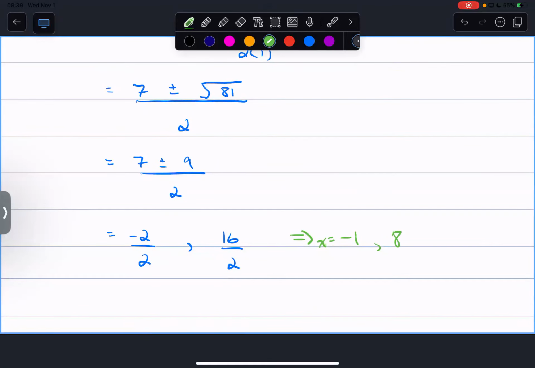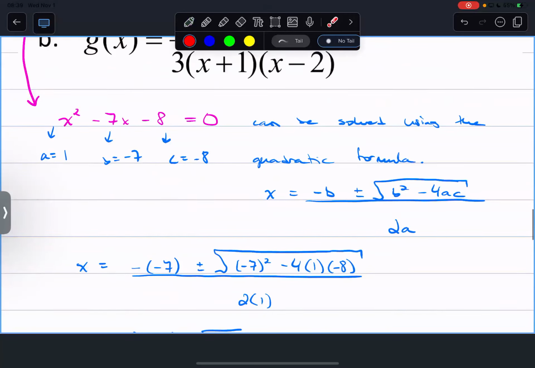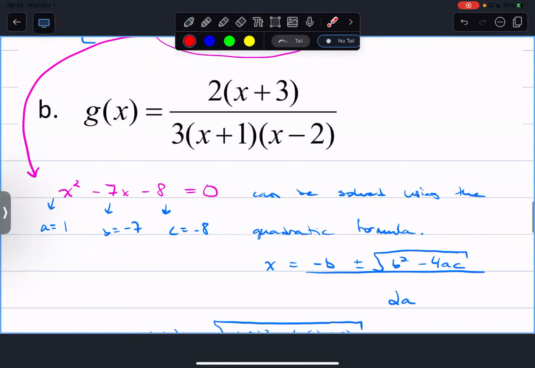So how do we use this? Now I can use these, x equals -1 and x equals 8, and I can rewrite this in factored form, which is a lot easier to work with. You don't have to rewrite it in factored form.